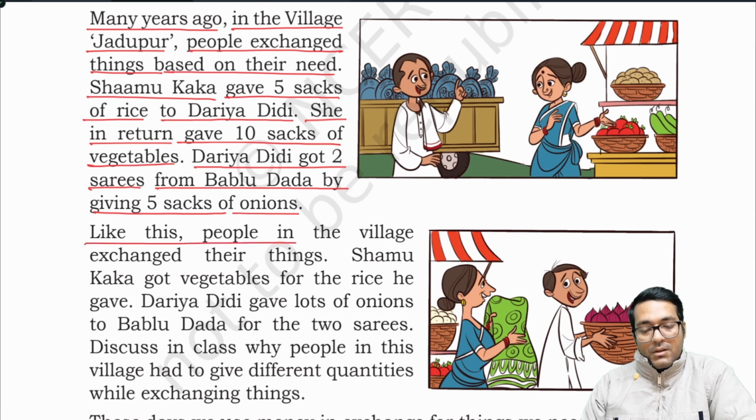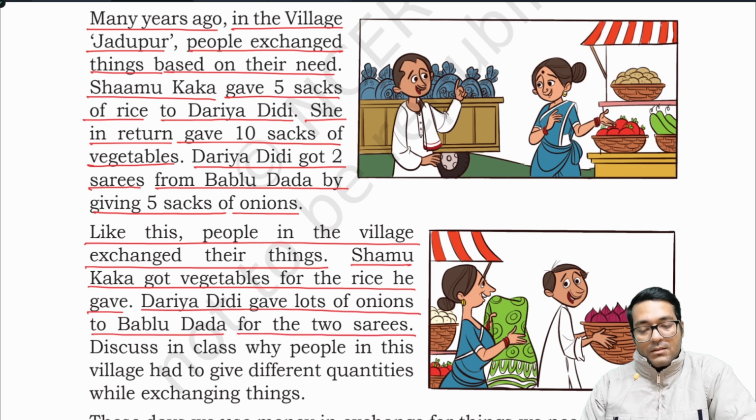Like this, people in the village exchanged their things. Samu Kaka got vegetables for the rice he gave. Darya Didi gave lots of onions to Bablu Dada for the 2 saris. Discuss in class why people in this village had to give different quantities while exchanging things.